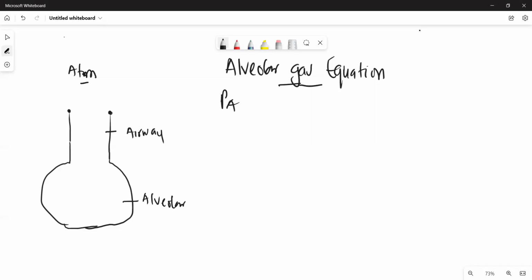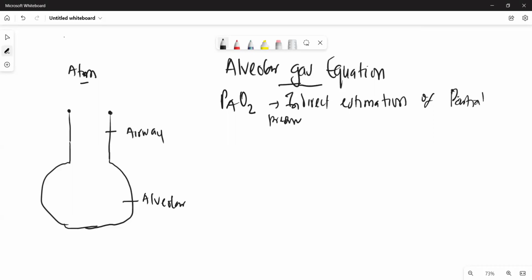So our PAO2 would be an indirect estimation of the partial pressure of oxygen in the alveolar.